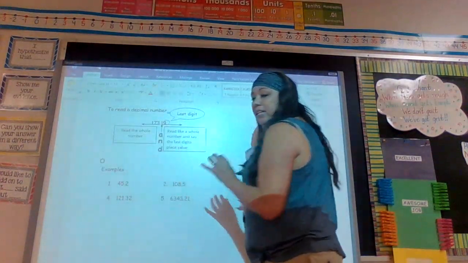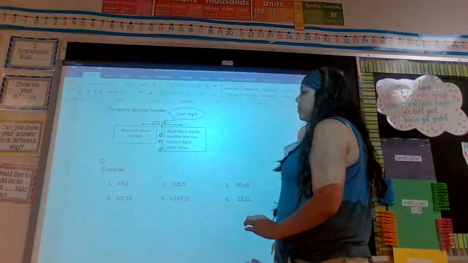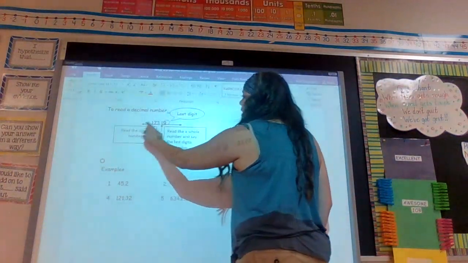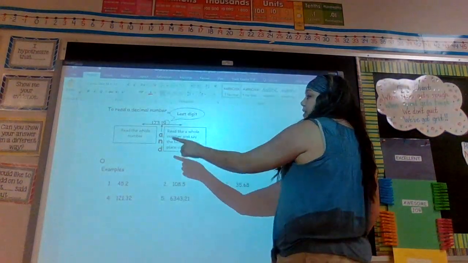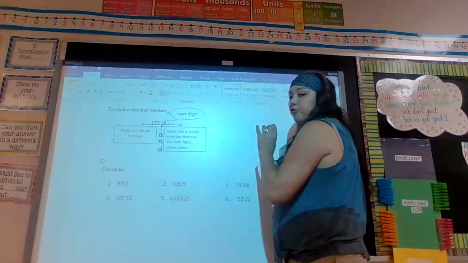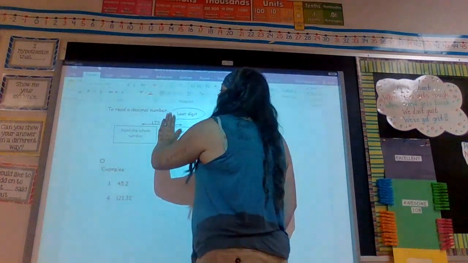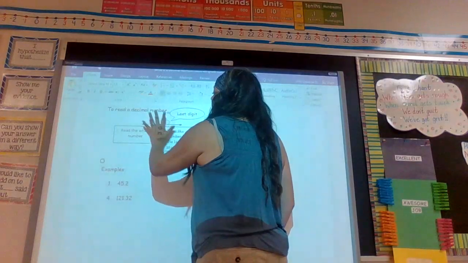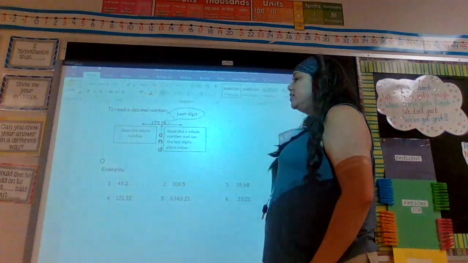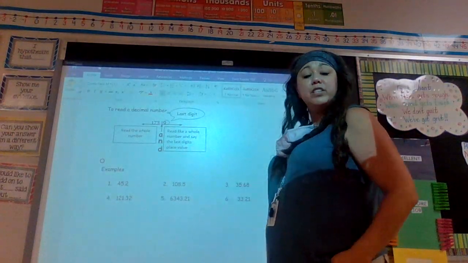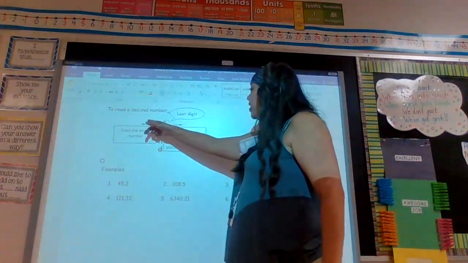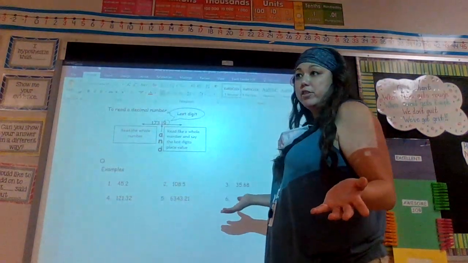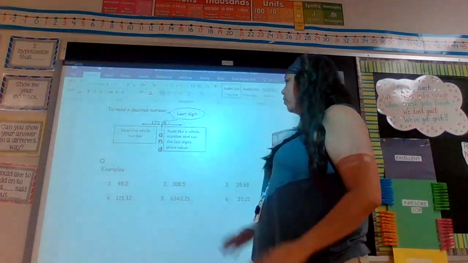The decimal point separates. That's what you have to remember. Everything in front of the decimal is the whole number. Everything behind it is your fractional part. So everything in front of your decimal, you read as a whole number: 173. If I had a 1 in front of it, another 1 here would be 1,173. You read it just like any whole number.